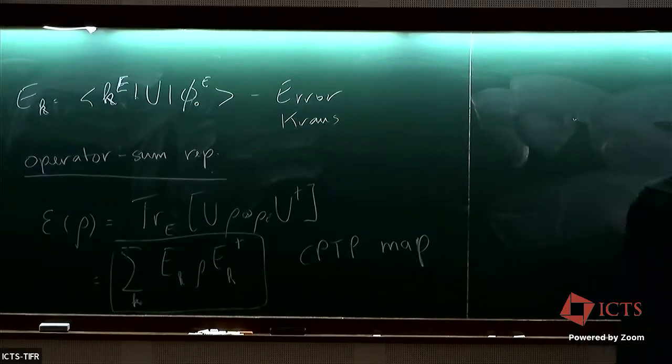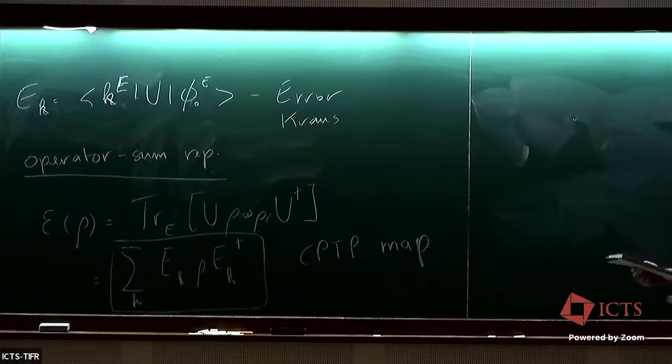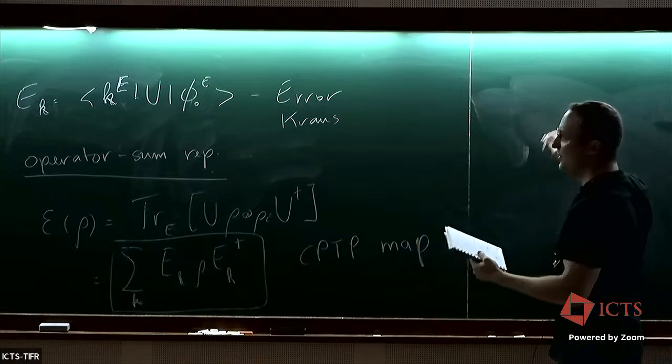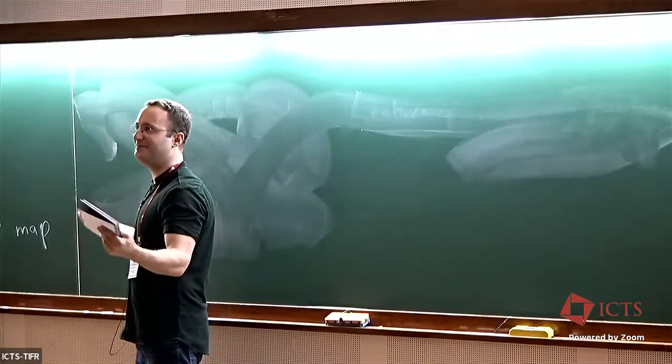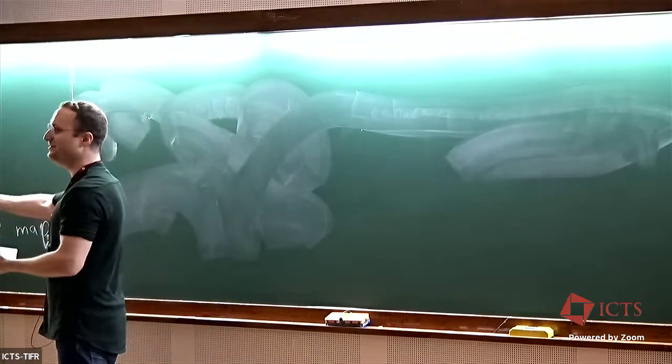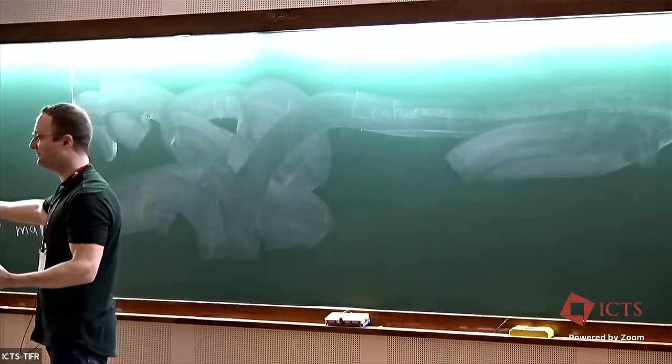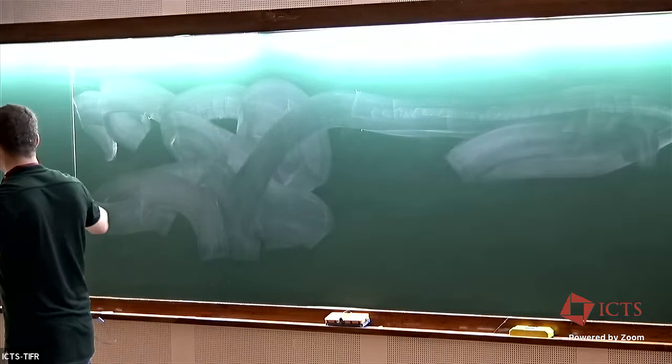Now, these E_Ks are very general. They don't have to be Hermitian or unitary, as I said, but you can always decompose them into a basis. And it turns out that the Pauli basis is a legitimate basis for any 2x2 matrix, or for more qubits, 2 to the n times 2 to the n.